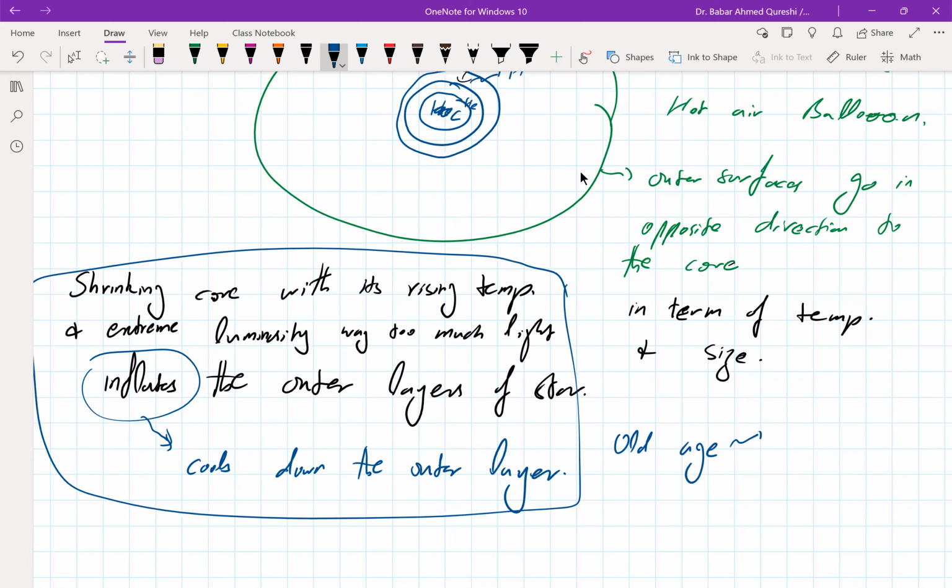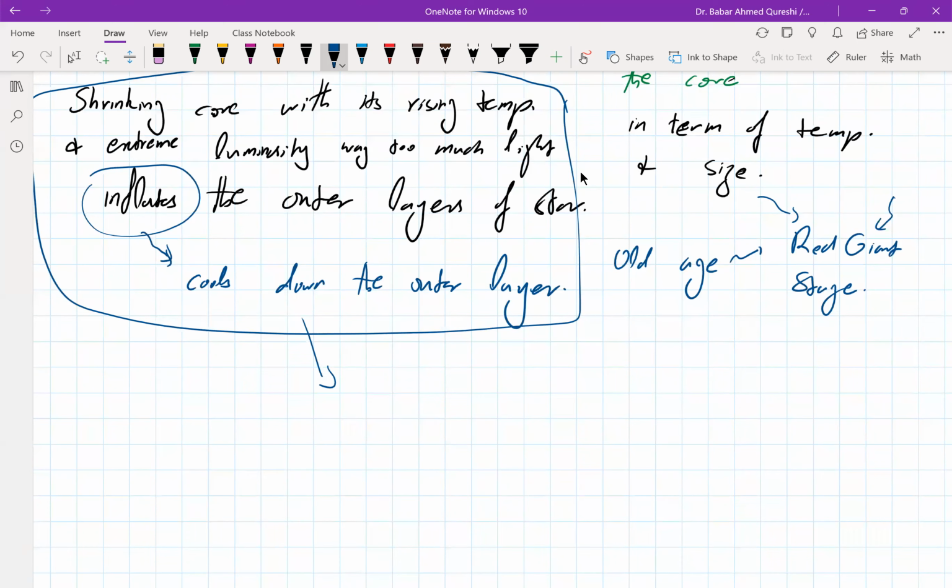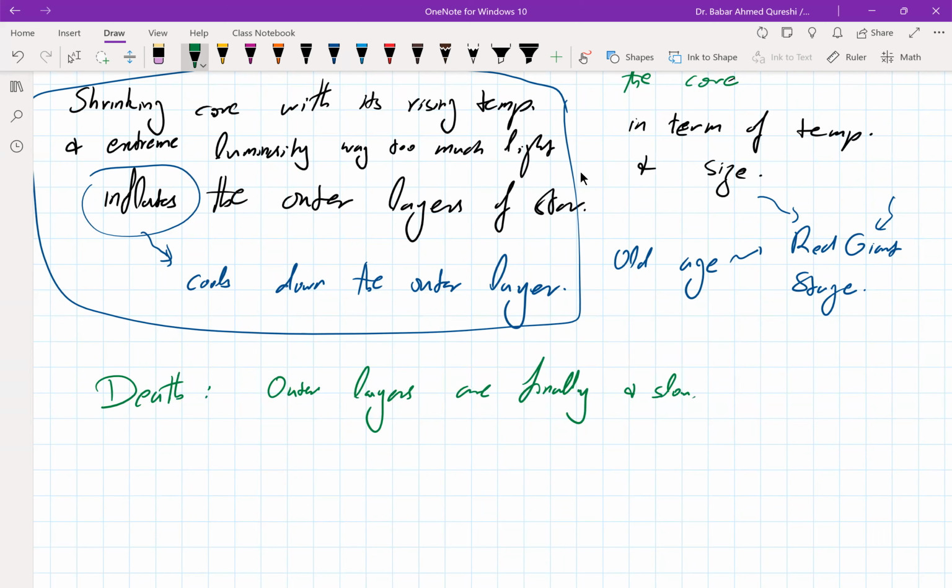This old age is called the red giant stage, because the outer layers have inflated, so they're giant, and they've cooled down, so they are red. And finally, the outer layers are slowly blown away.